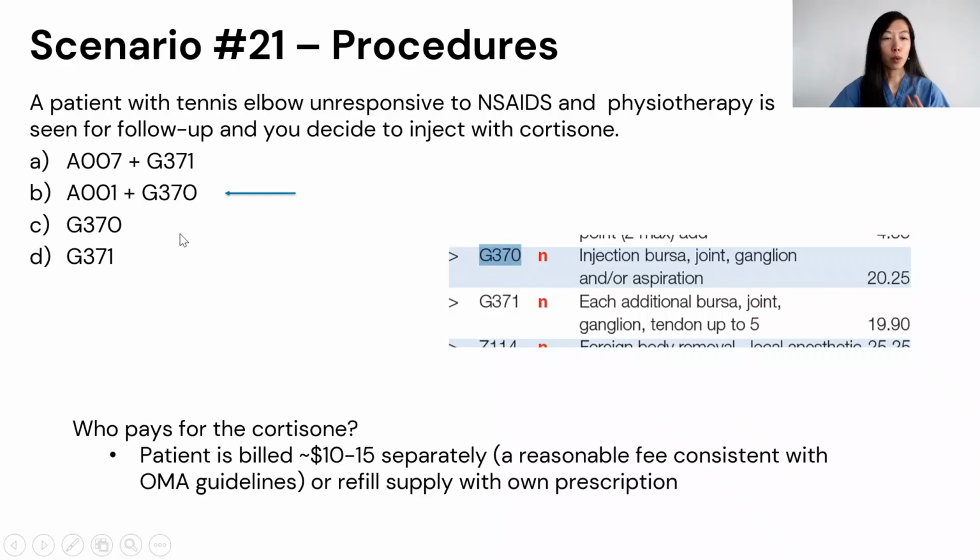And you probably talk to them really briefly, so it's an A001. And this part here says who pays for the cortisone. So remember, you can either bill the patient separately, $10 to $15 to pay for that cortisone vial, or you can give them a prescription for the cortisone, and they can refill your supply with their prescription, for example.